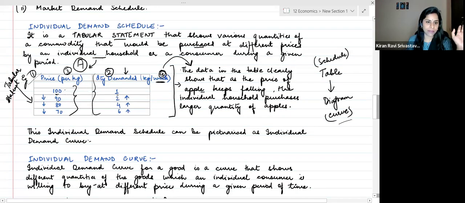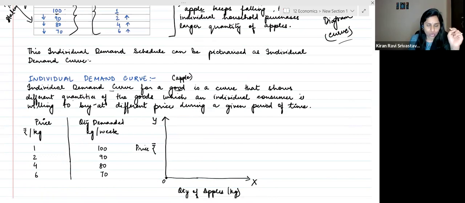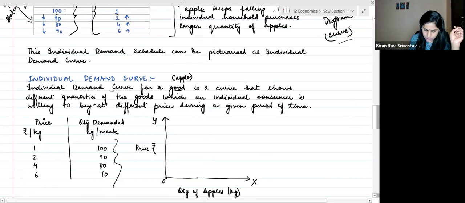Information is the same. So now what is demand curve, individual demand curve? The individual demand curve for a good, here the good we are talking about is apple, is a curve that shows different quantities. There we wrote tabular representation. Here we are writing it is a curve that shows different quantities of goods which an individual consumer is willing to buy.